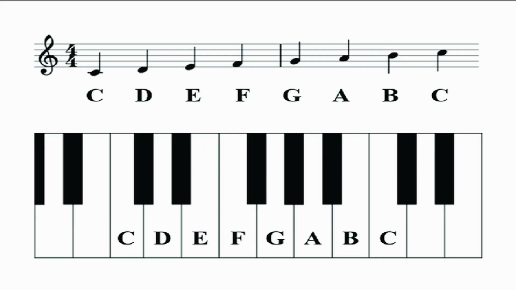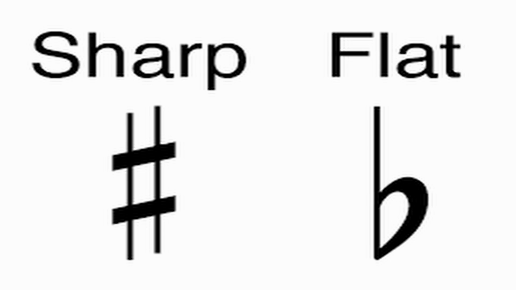Then I discovered that in the piano we have black keys and white keys, right? We have C, D, E, F, G, A, and B. Those are the regular 7 notes that we have. But between those notes we have sharps and flats.